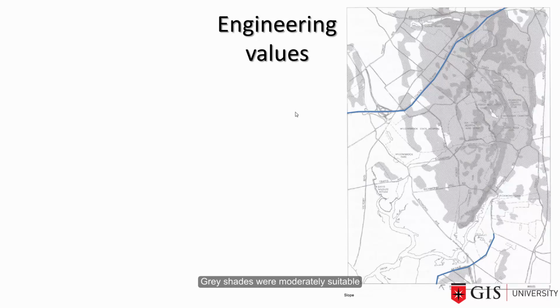Grey shades were moderately suitable, and transparent areas were most suitable. So in other words, if we were to look at a slope map, areas with really, really steep slopes would be dark, hilly areas might be grey, and flat areas might be transparent.